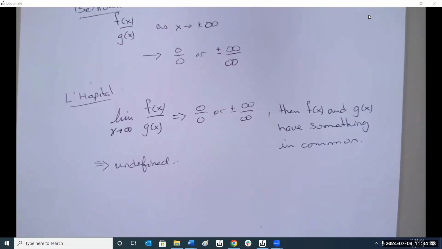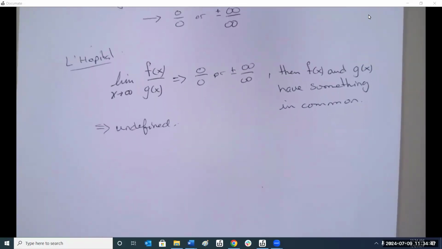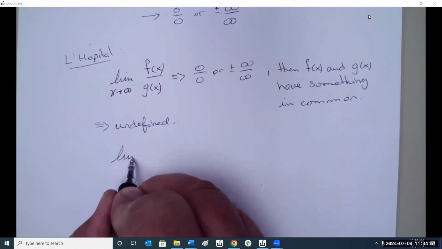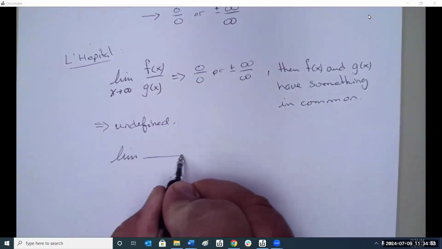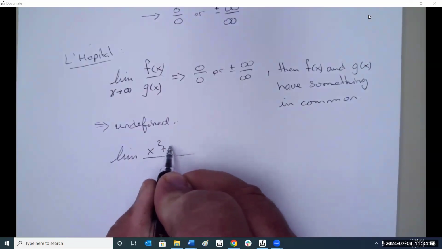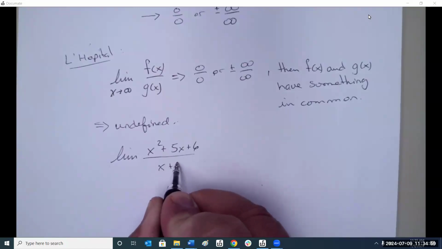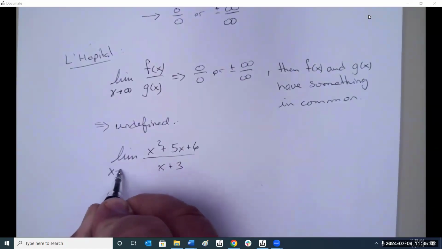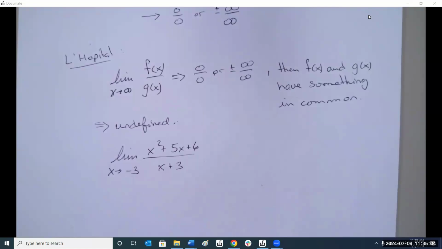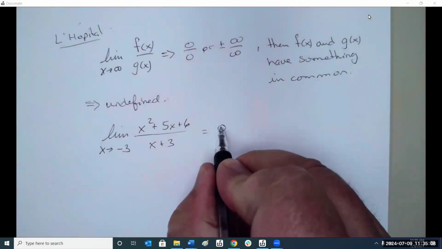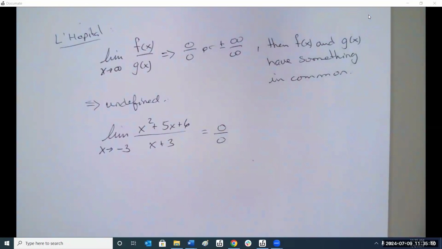Earlier in chapter 2, we took it algebraically. So for example, if we take the limit of x squared plus 5x plus 6 divided by x plus 3 as x goes to -3, we got 0/0.